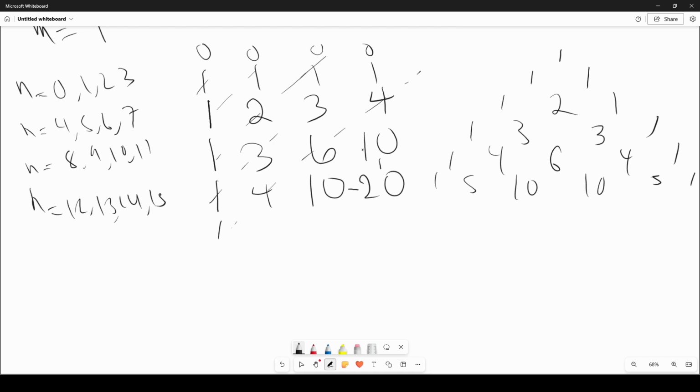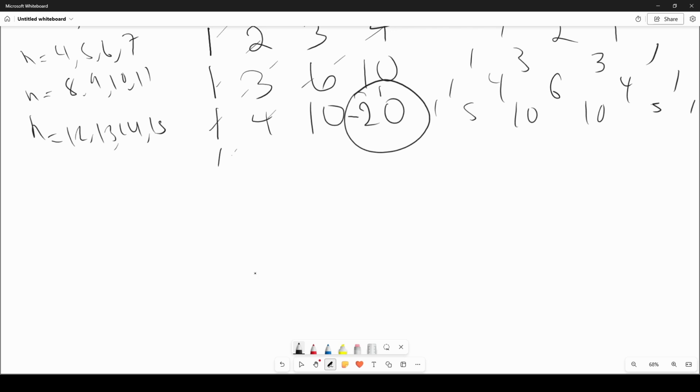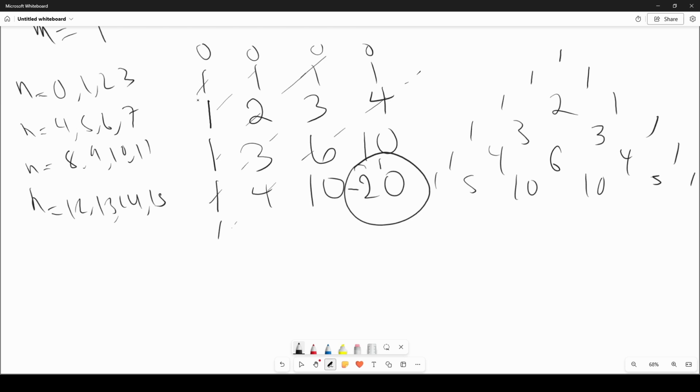So we need to relate what part of Pascal's triangle this number is. So the first thing you should try to figure out is what row of Pascal's triangle this is related to. So this diagonal is row 0. This diagonal is row 1, 2, 3, 4.